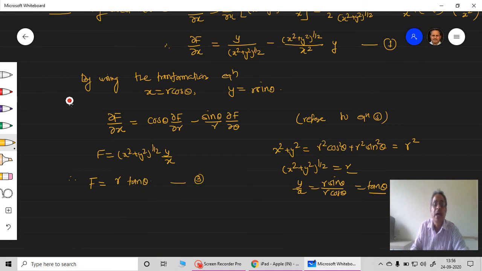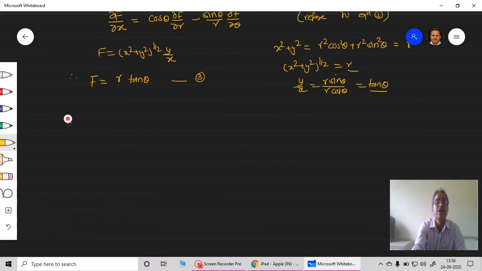This is the actual function given in the form of x and y. If it is converted using these transformation equations, it gets converted into F is equal to r times tan theta, because we have to get the differential of capital F with respect to r and with respect to theta too. To do that calculation, we need this type of transformation.